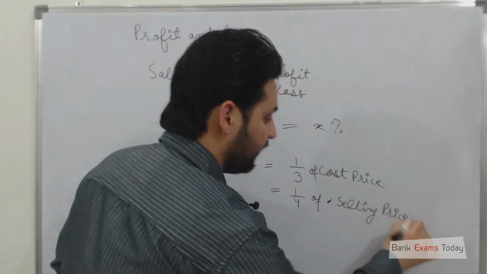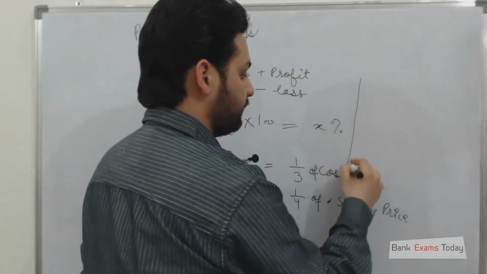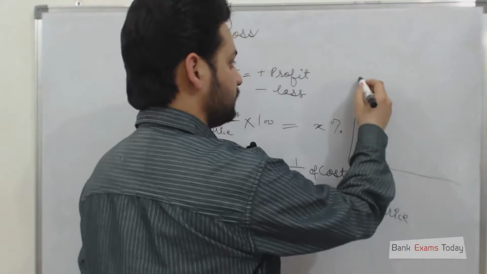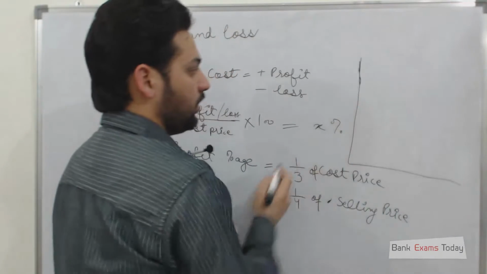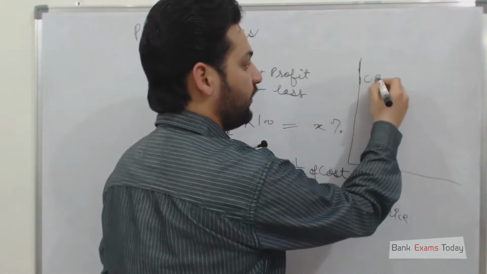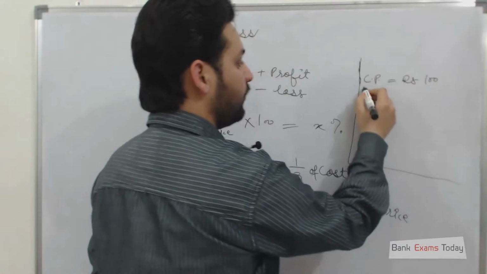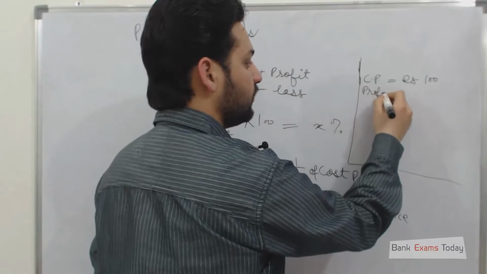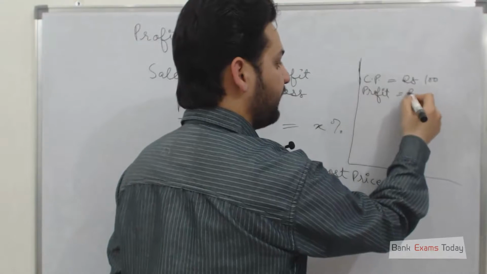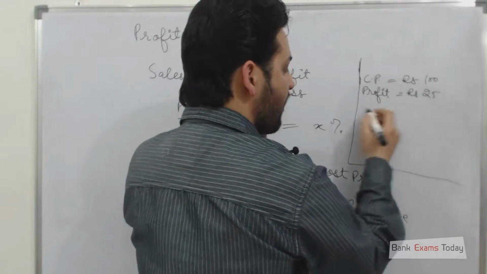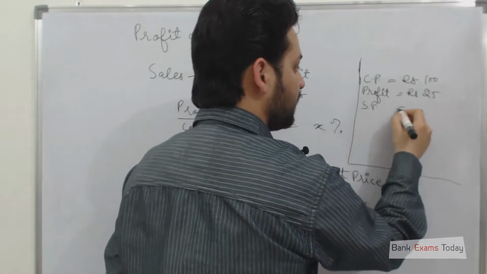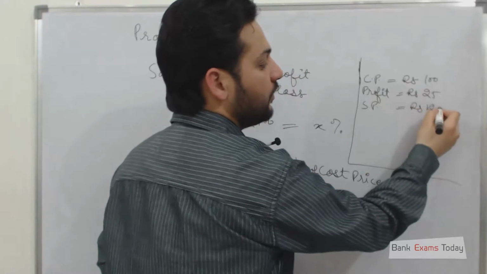I can explain you with an example. For example, the cost price is ₹100. Profit is ₹25. So the selling price will be ₹125.